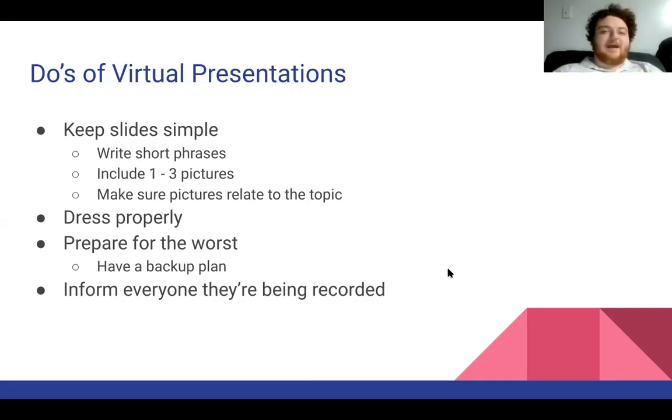If you do want to have a picture, you should have one to at most three, because anything beyond that would be too distracting, and people wouldn't really be able to focus on the presentation. They'd just be more focused on the picture. So pictures should be very minimal, graphics wise at least, so it's not as distracting, and make sure it complements the background as well as the whole presentation itself.